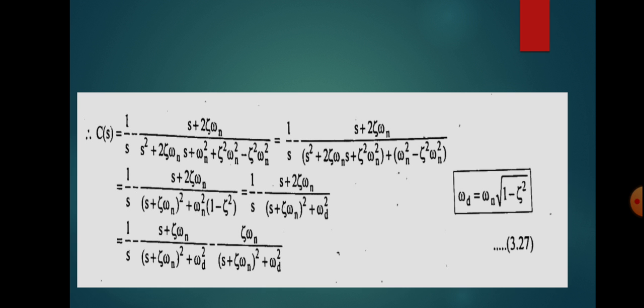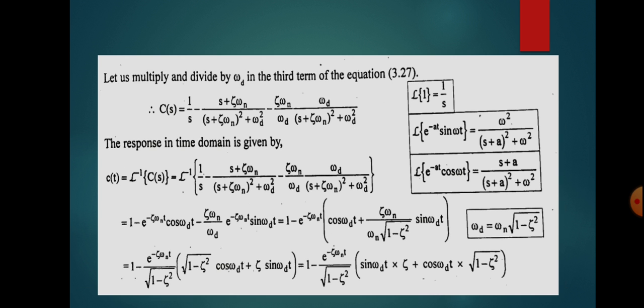Here I am dividing the 2δωn into 2 terms, and each term is δωn. So it is in the known form, so we can apply inverse Laplace transform and we can find out the time response.